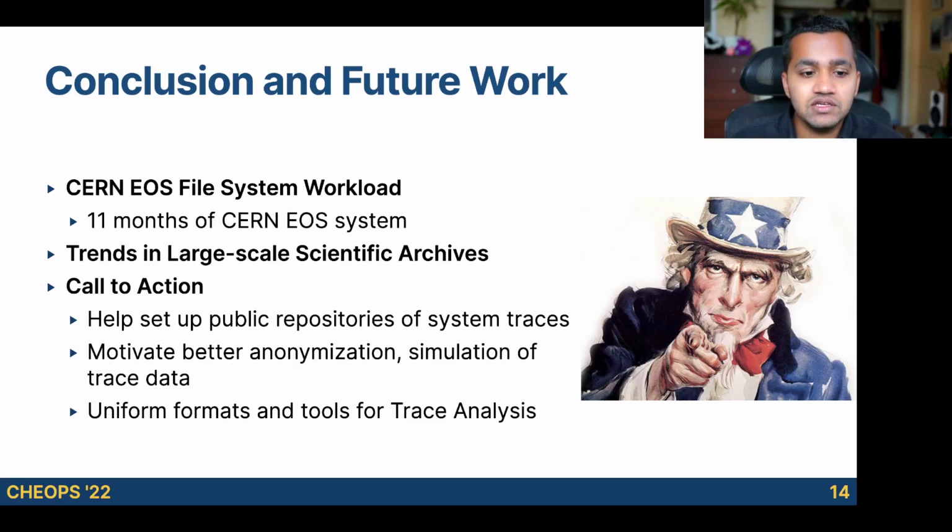We need studies into better anonymization of data due to legal issues for industries to share data. We also need studies on simulation of trace data so that companies that don't want to share their specific data can share a workload that looks a lot like their data.